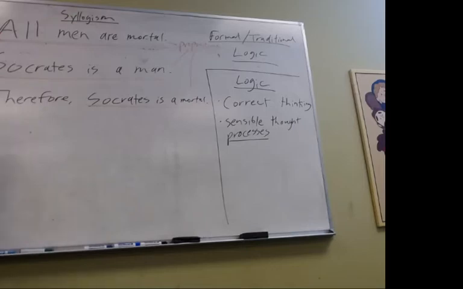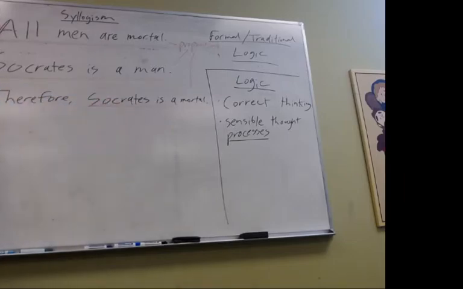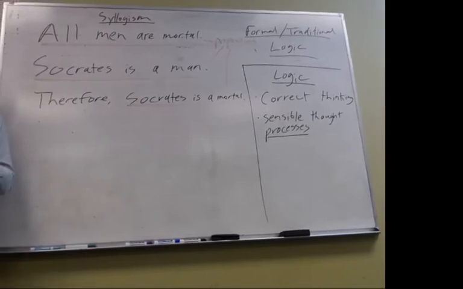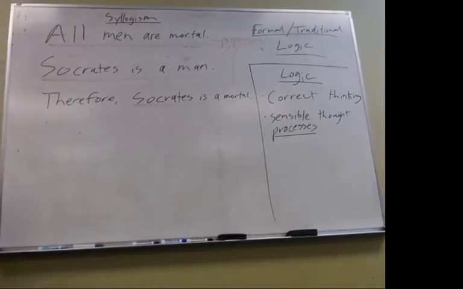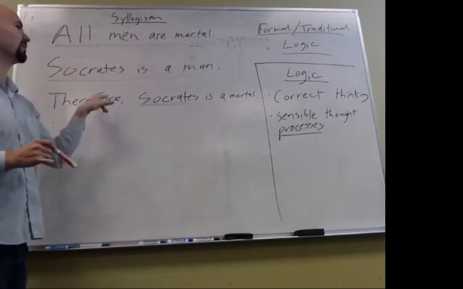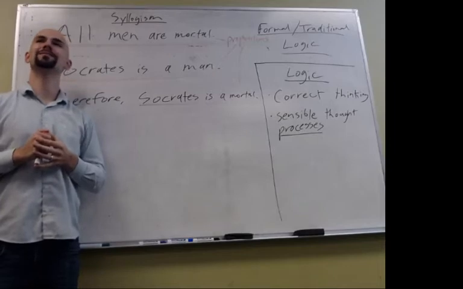That's excellent, yes. And so the way that we know that this is going to be true is under 2 conditions. Condition number 1 is that you arranged your argument correctly. And condition number 2 is that each of the propositions is true. Because you can say, all men are immortal, Socrates is a man, therefore Socrates is immortal. Would that be a true statement in the end?